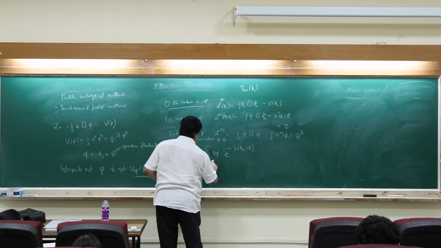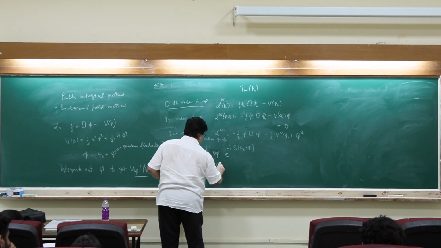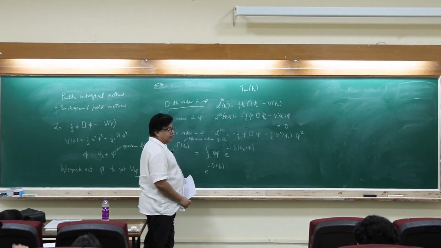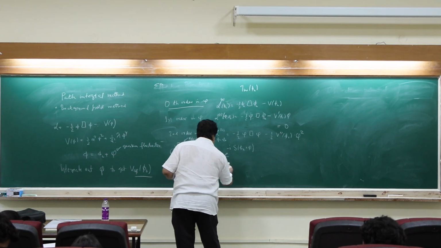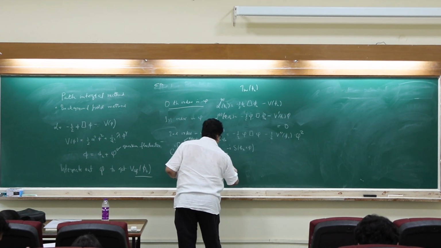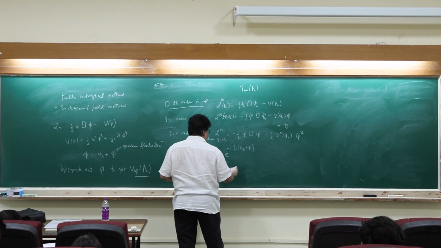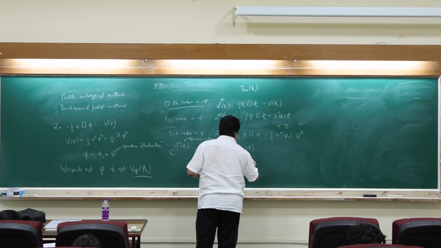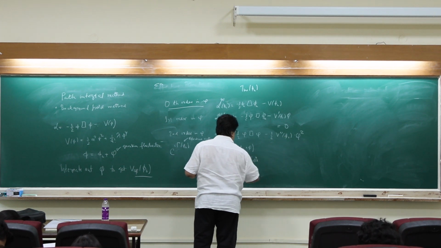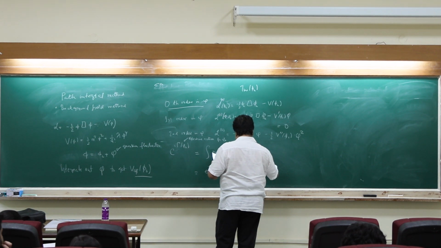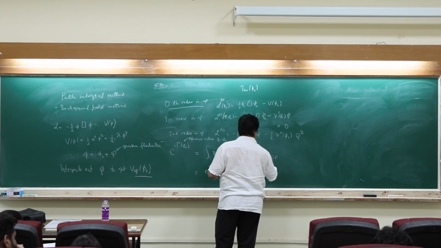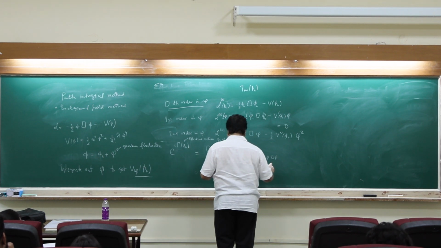So it is minus i S of phi b, the action of the background, plus, multiplied by d of phi, this is the path integral, e to the power phi box phi.